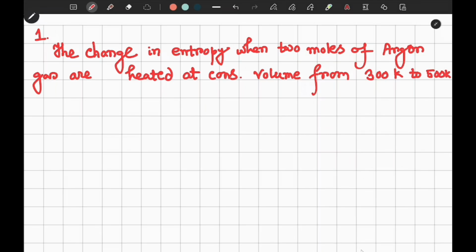So you have to find out the change in entropy for 2 moles of argon gas, which is heated at constant volume from 300 Kelvin to 500 Kelvin. So this is our problem.